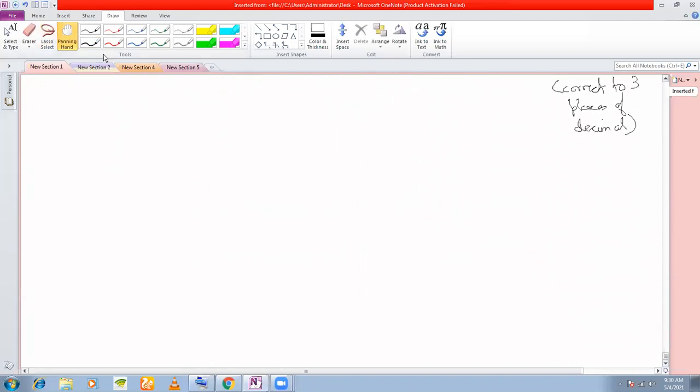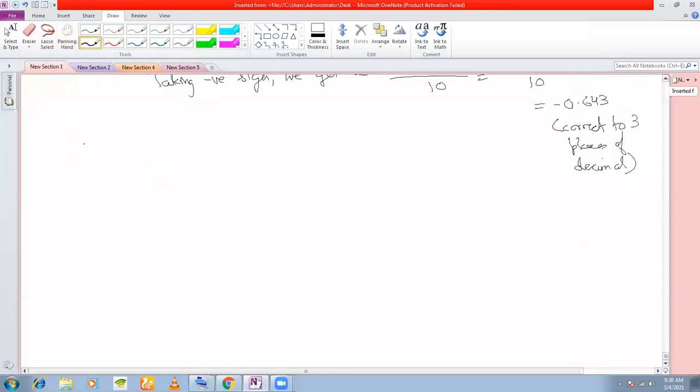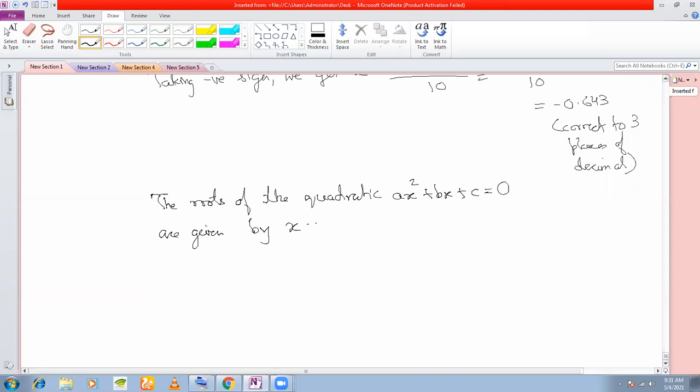Now, before completing, just one definition I'll mention and then conclude this class. That is, in the Sridhar Acharya formula, the roots of the quadratic ax square plus bx plus c equal to 0 are given by x is equal to minus b plus or minus root over of b square minus 4ac by 2a.